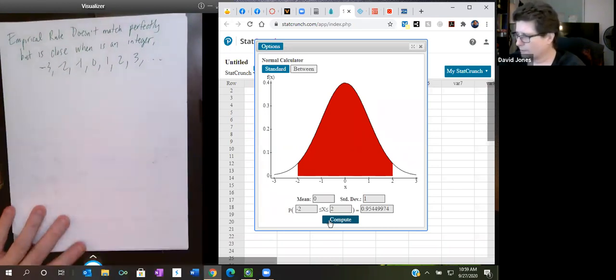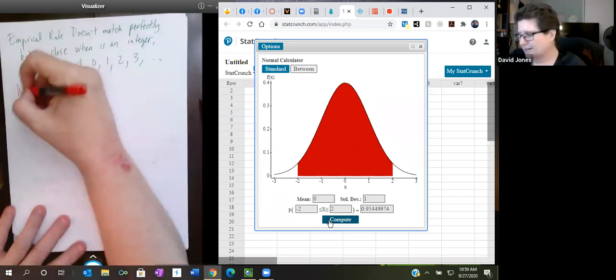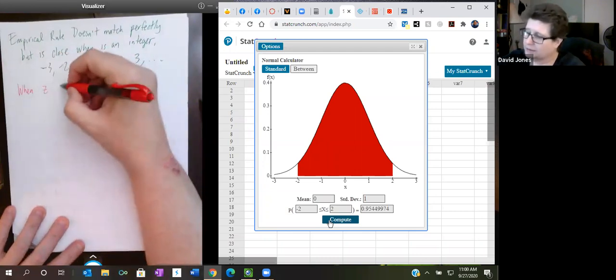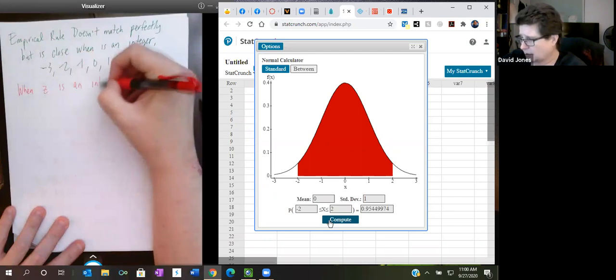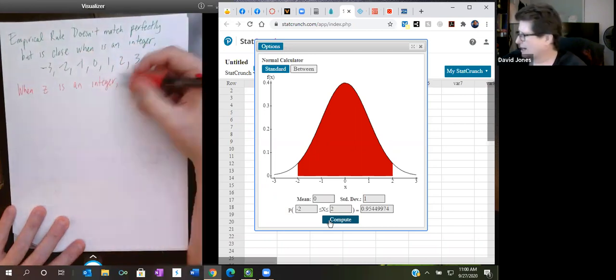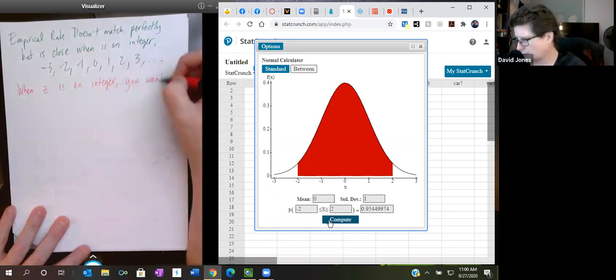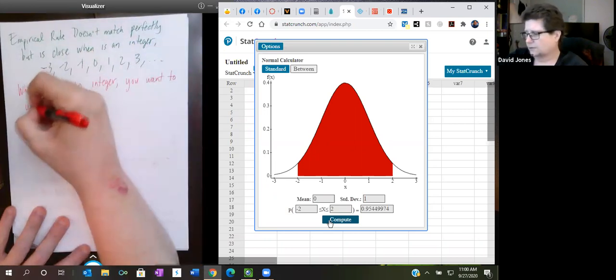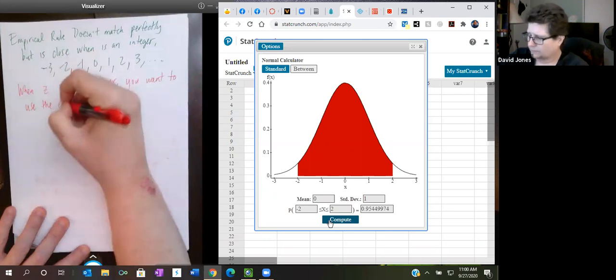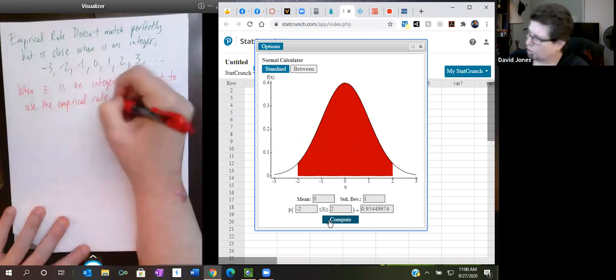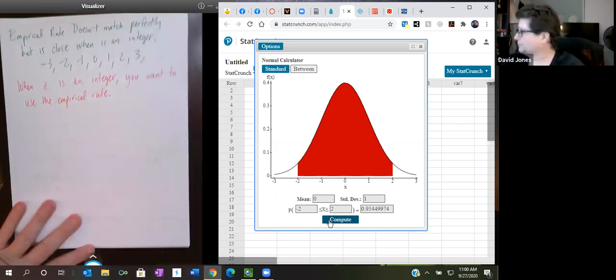So when z or the deviations is an integer, you want to use the empirical rule. That's the one with all the percentages I told you to remember.